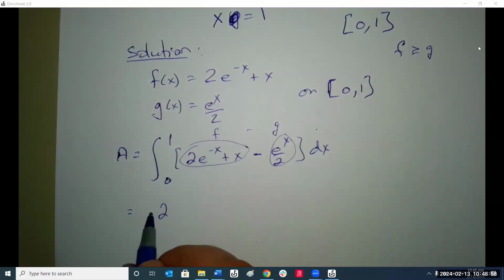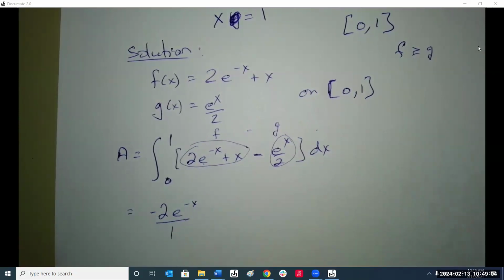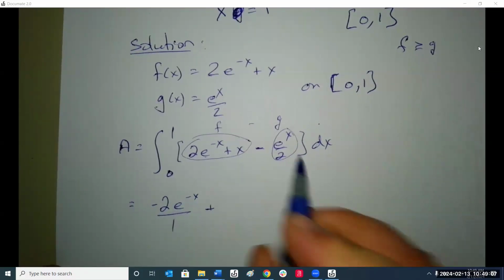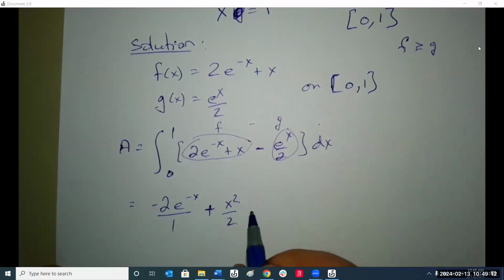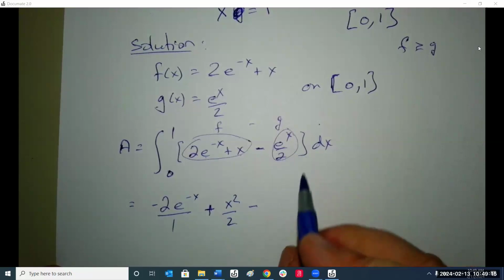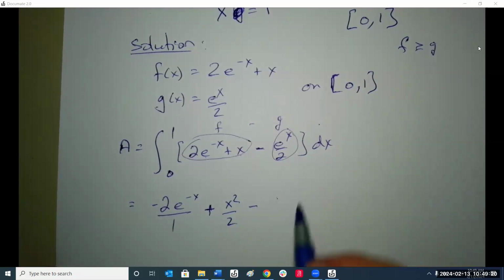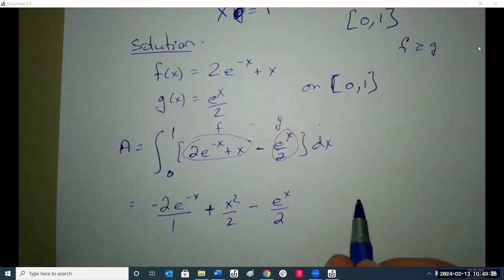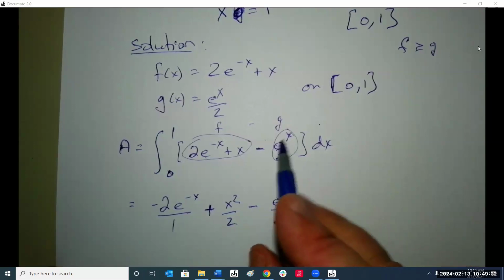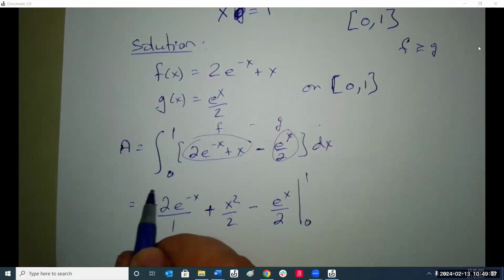The derivative of that one is negative, so it's got to be negative 2e to the negative x, plus x squared over 2, minus e to the x over 2, and e to the x stays e to the x. All that from 0 to 1.